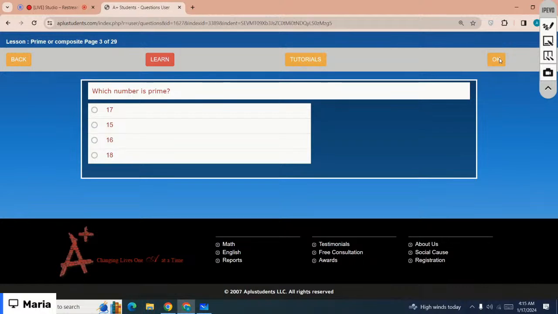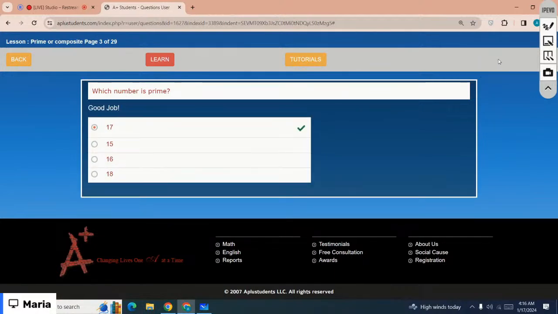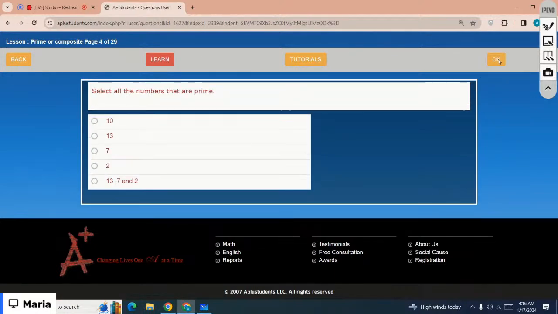Which number is prime? 17, 15, 16, and 18. Yes, 17 is a prime number. Very good. Select all the numbers that are prime.